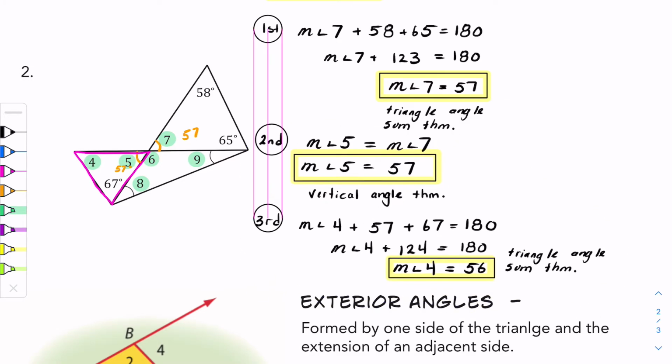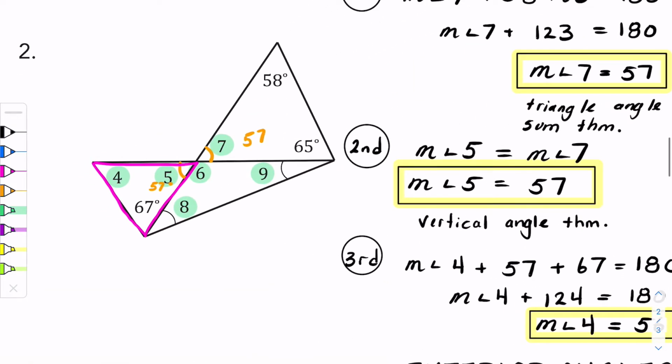Okay, so far we've done angle 7, angle 5, angle 4. I am now going to notice that I can solve for the measure of angle 6 because angle 7 plus angle 6 form a linear pair.